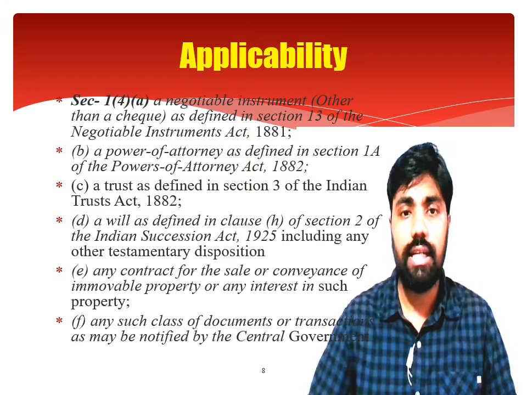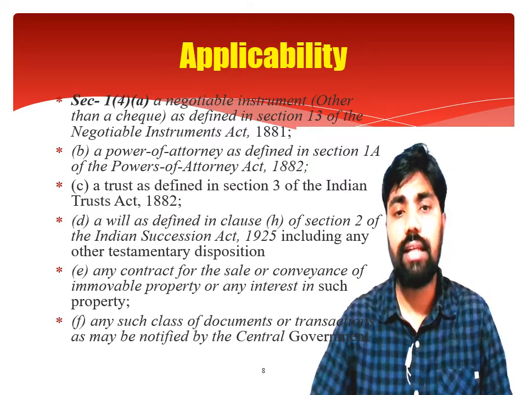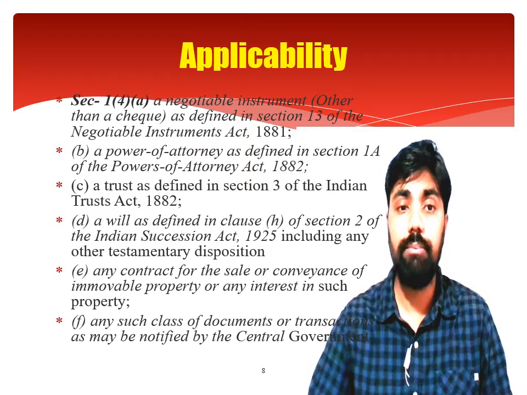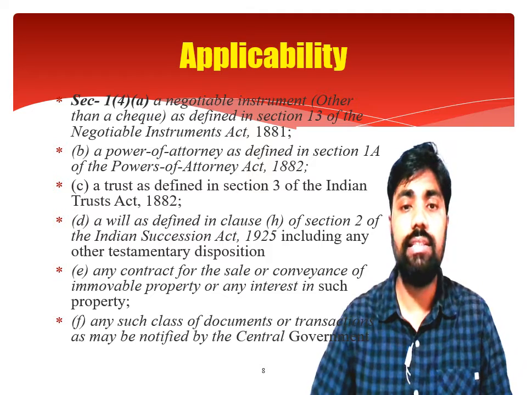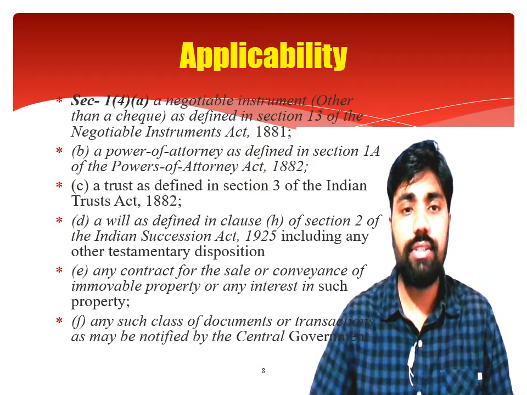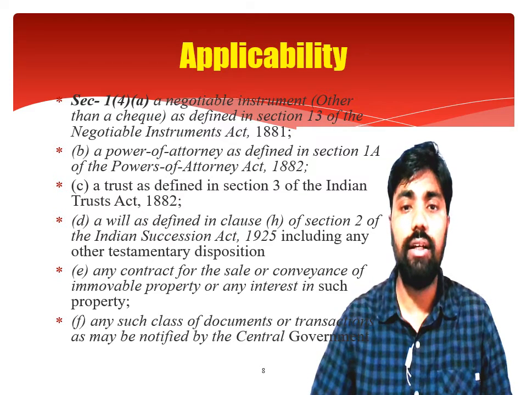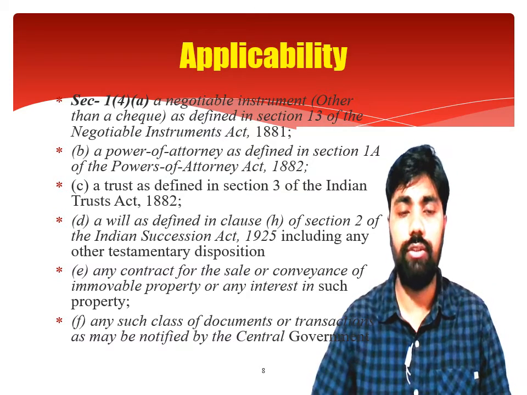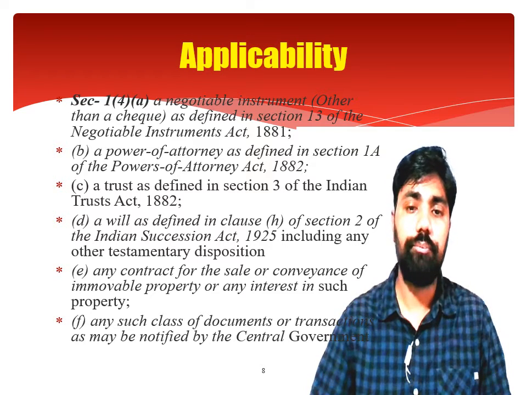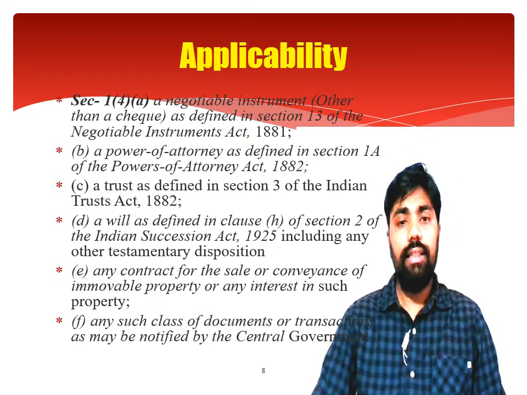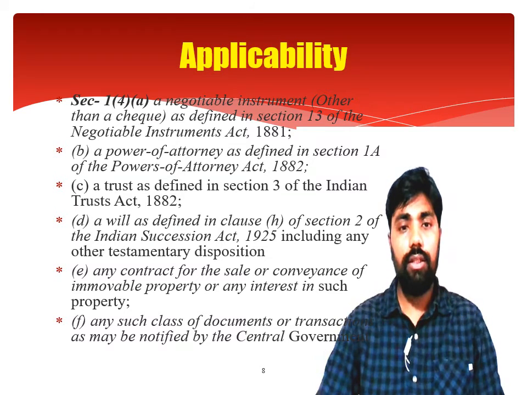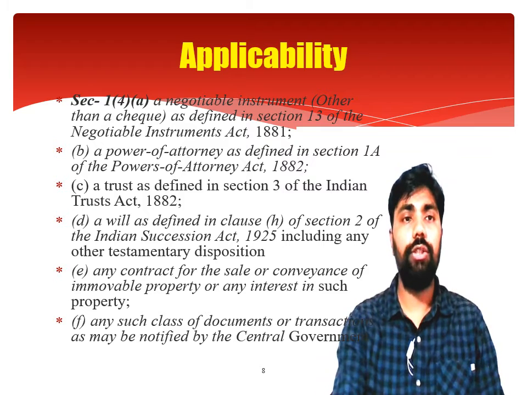Again, a trust, as defined in Section 3 of the Indian Trusts Act 1882, on which the Information Technology Act is not applicable. Again, a will, as defined in Clause H of Section 2 of the Indian Succession Act 1925, including other testamentary dispositions, or any contract for the sale or conveyance of immovable property or any interest in such property.